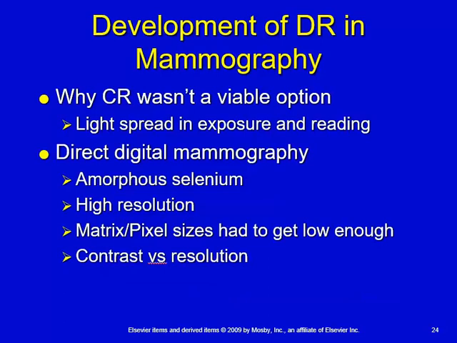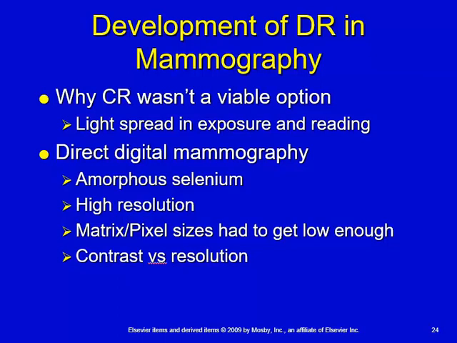So in the development of DR and mammography, we couldn't use CR as a viable option, because if you can remember the construction of the CR cassettes and the plates, the phosphors lived at different depths within that plate.